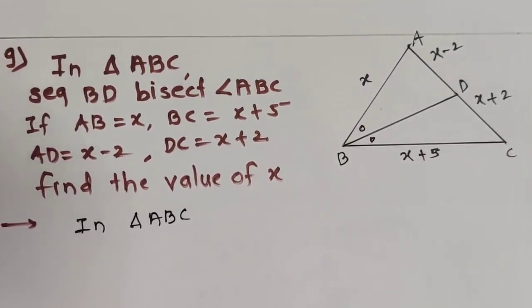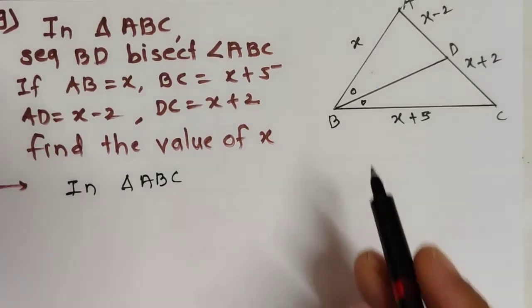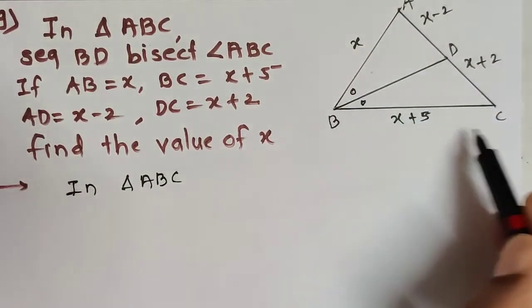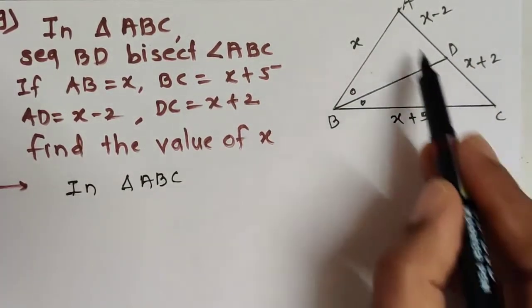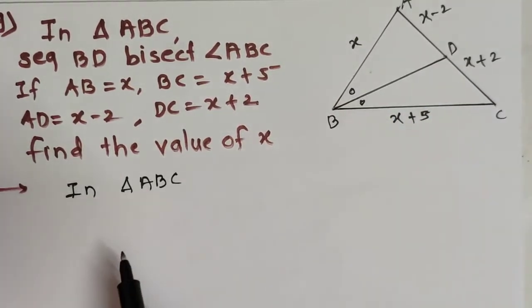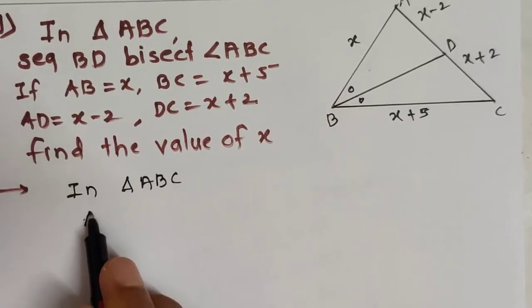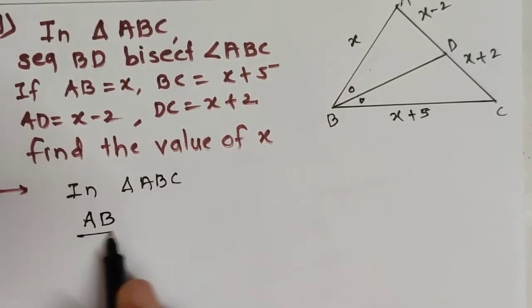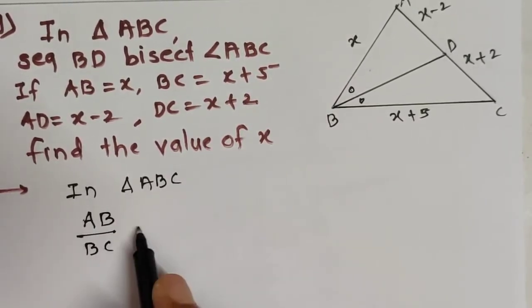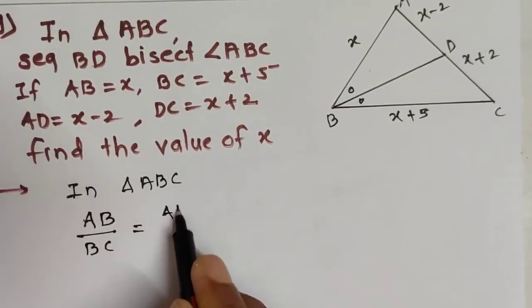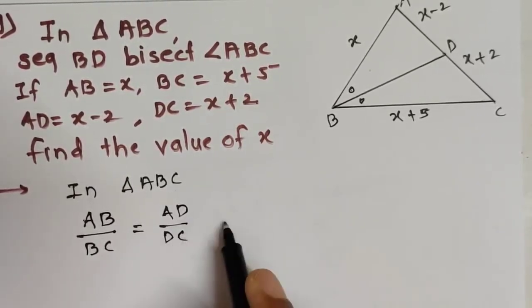Which ratios are equal? AB upon BC is equal to AD upon DC by the angle bisector property of a triangle. But the reason must be there.